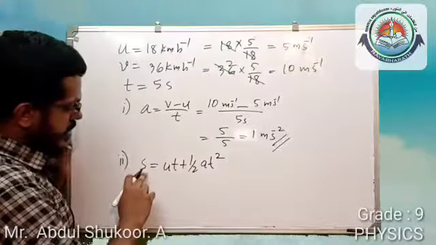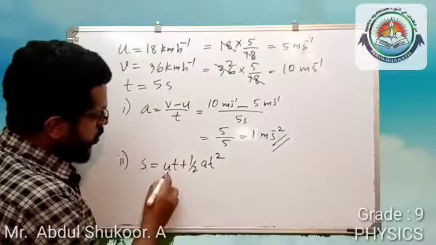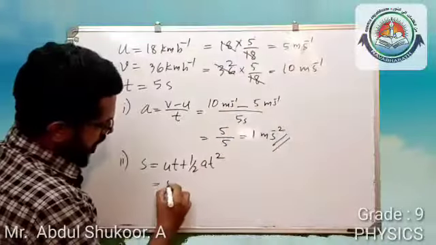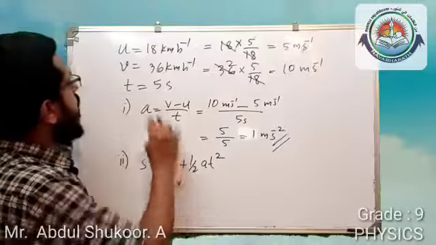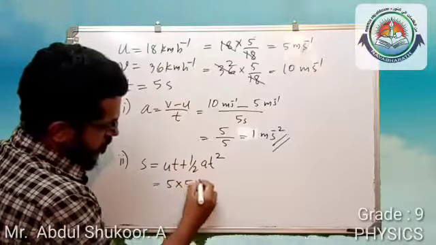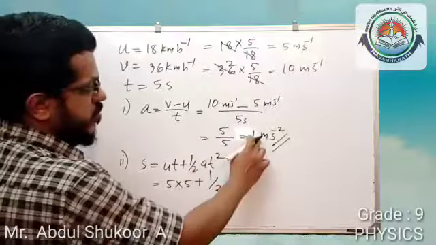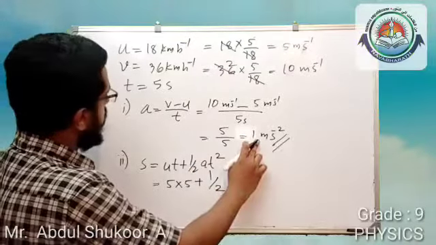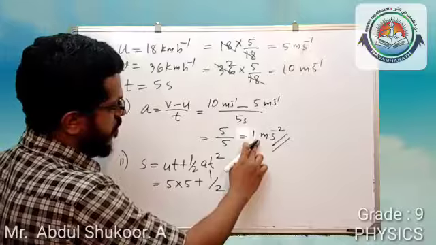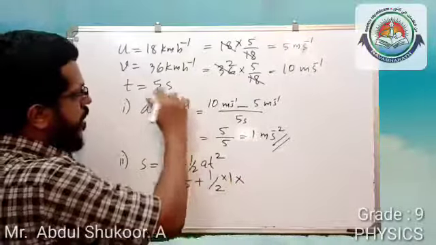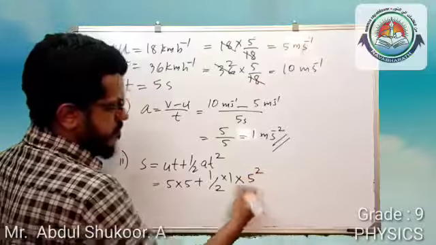We want to find the distance. Then substitute the values. What is u? u is 5 meter per second. That is 5 into t, with t being 5, plus half. What is a? The acceleration is already found from the first problem, that is 1, into t square, t is 5, so 5 square.